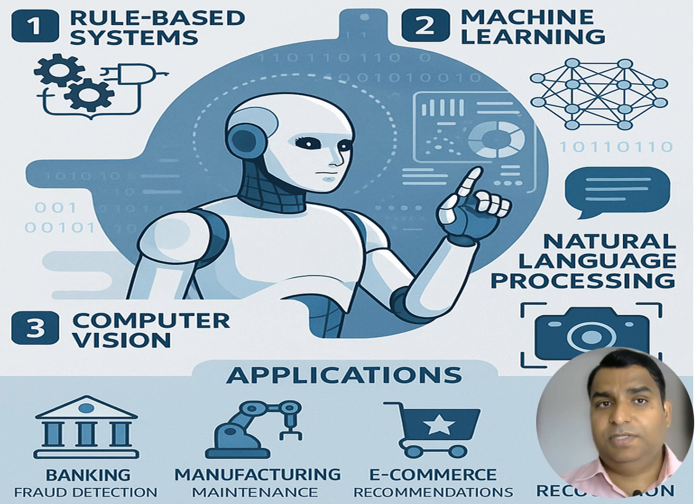Traditional AI, often referred to as symbolic AI or rule-based AI, represents the earliest form of artificial intelligence. It relies on explicitly programmed rules and logic to perform tasks. These systems are designed to follow a set of predefined instructions and operate within a narrow domain. They do not learn from data in the way modern AI systems do, but instead depend on human experts to encode knowledge into a structured format.